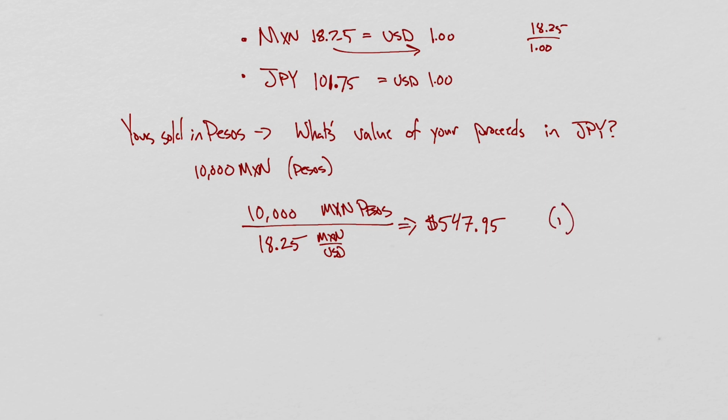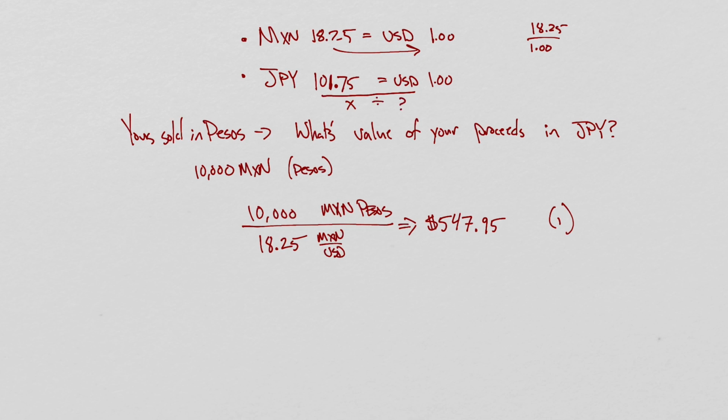The next step is, I'm a Japanese exporter, sold it in pesos. I need to bring this home. I need to figure out what this is worth in terms of Japanese yen. But fortunately, we know the exchange rate between the US dollar and Japanese yen. And so I'm going to take the same approach. Do I multiply or do I divide?